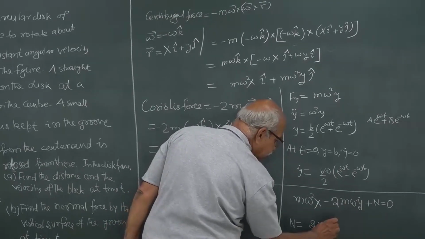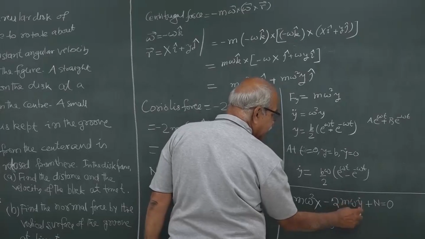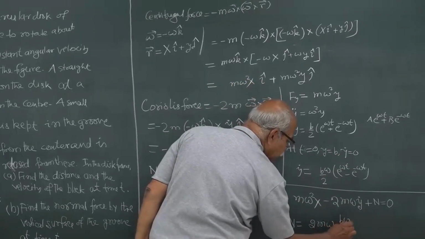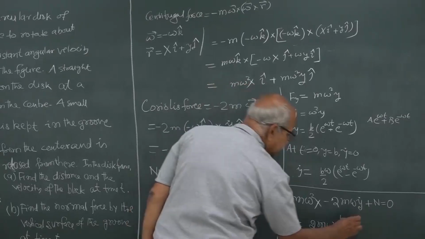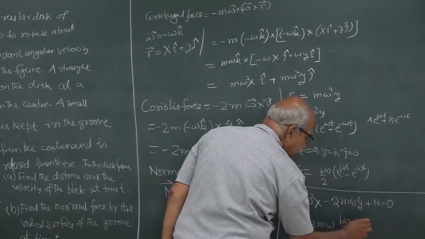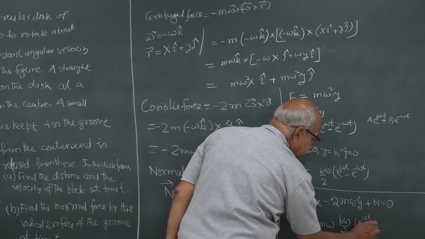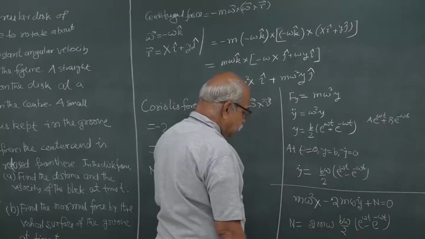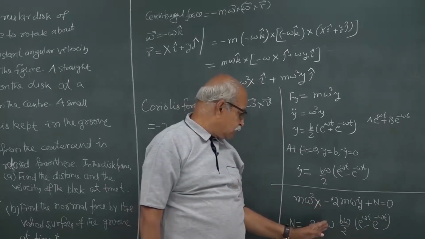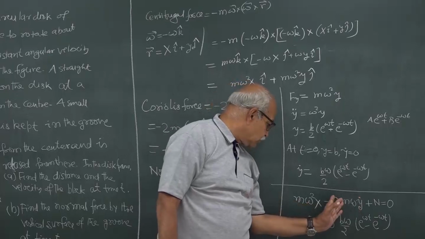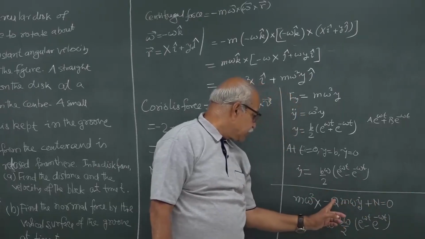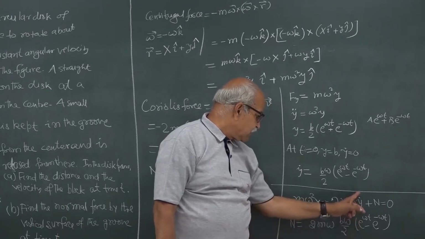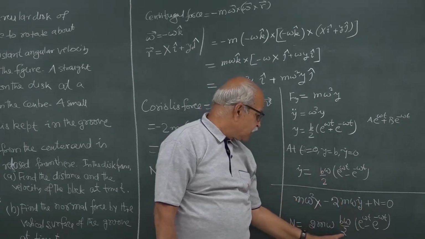2m omega y dot, and y dot is here, which is b omega by 2, and then e to the power omega t minus e to the power minus omega t. This is y dot. So, this comes from the Coriolis force. N is equal to, this goes on the other side and becomes plus 2m omega, and y dot is b omega by 2, and this much.